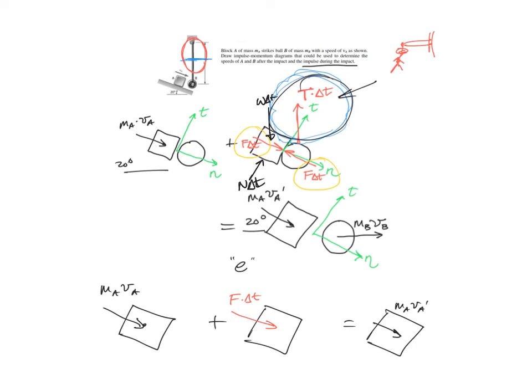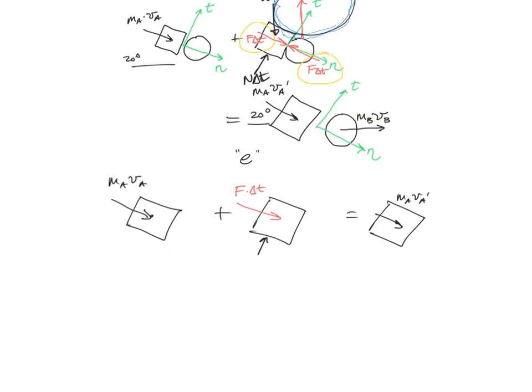Those static forces are going to be negligible because of the delta t. The same thing would occur down here: the weight times delta t and the normal force times delta t would be excluded because their effect would be much, much smaller than the impulsive force sitting right there. So we would just end up doing some linear momentum in the normal direction, and we'd then be able to go solve for that.